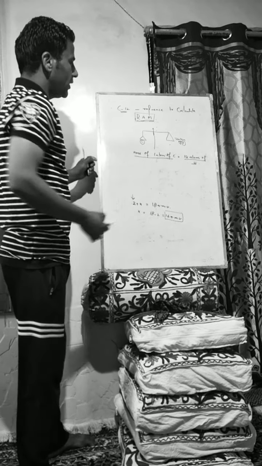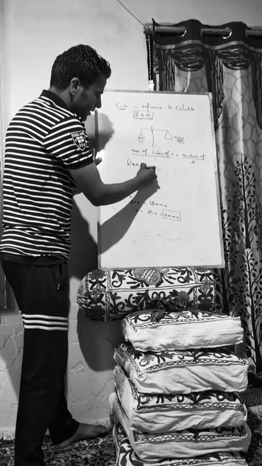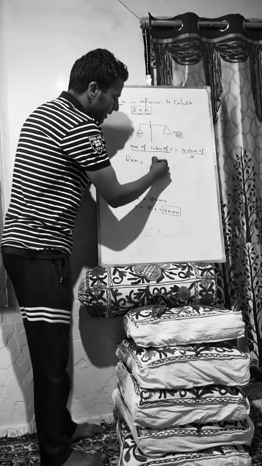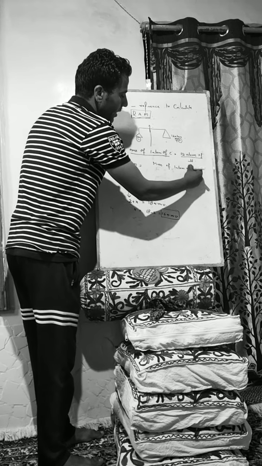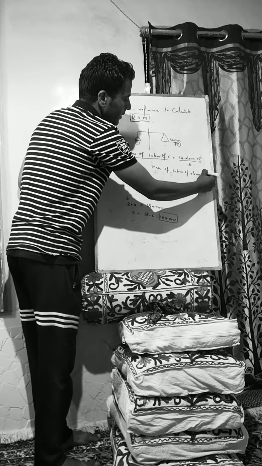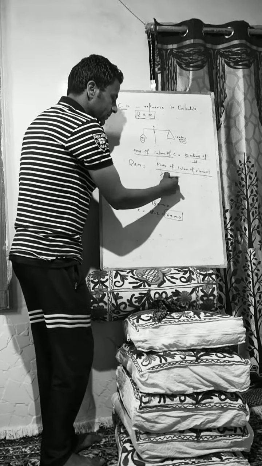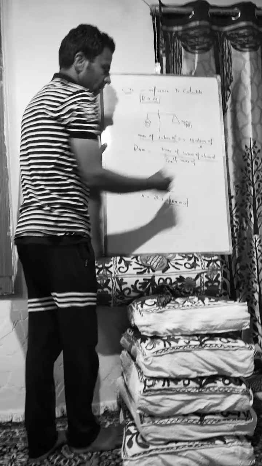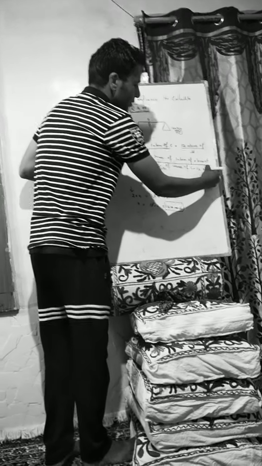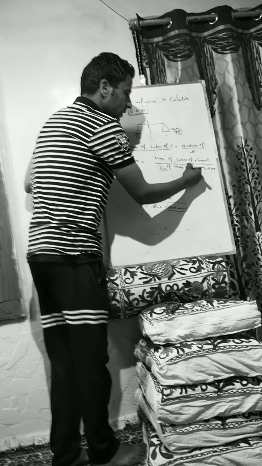Now how can we calculate the relative atomic mass using this carbon 12 isotope? Relative atomic mass can be calculated as the mass of one atom of the element divided by 1/12th of the mass of one atom of carbon 12 isotope.